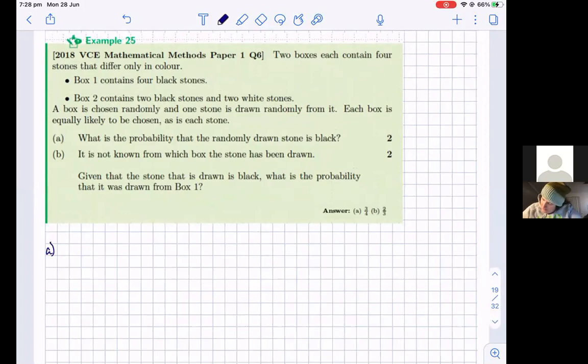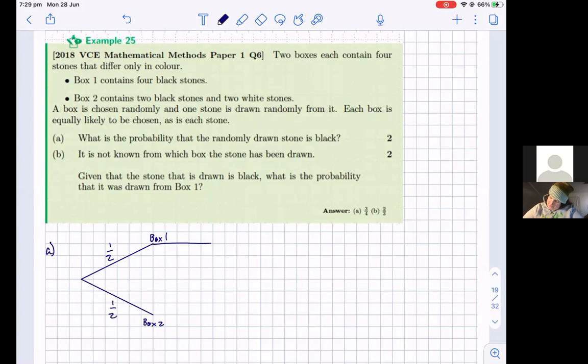Well, this might be easy to do as a tree diagram. So box 1, box 2. Box 1, the probability of getting that is 1/2. Box 2, 1/2.